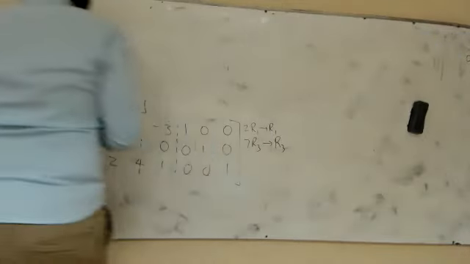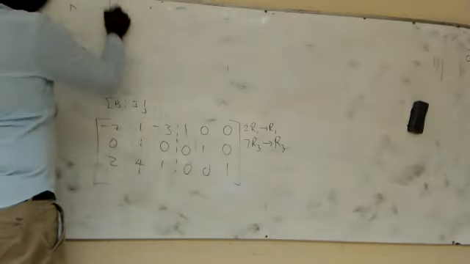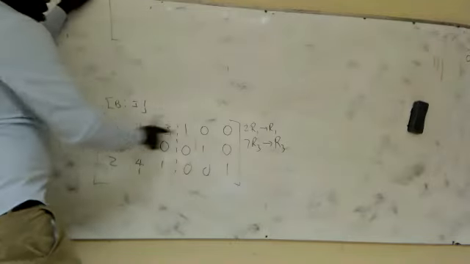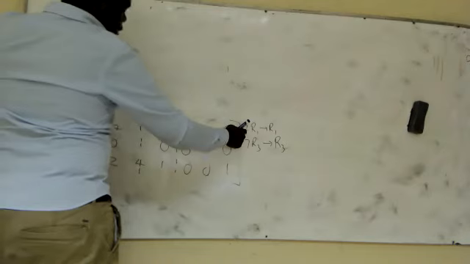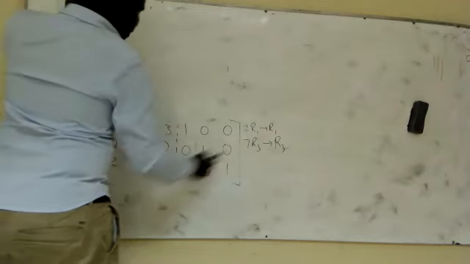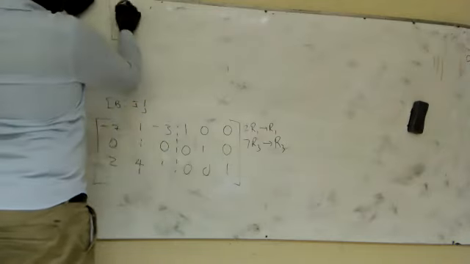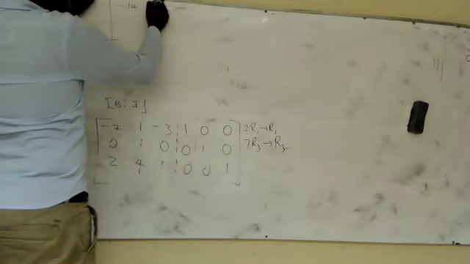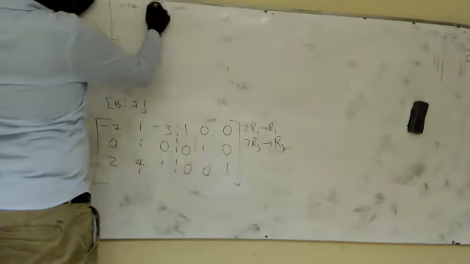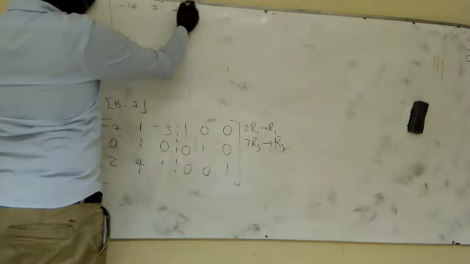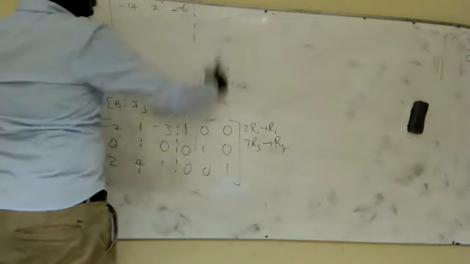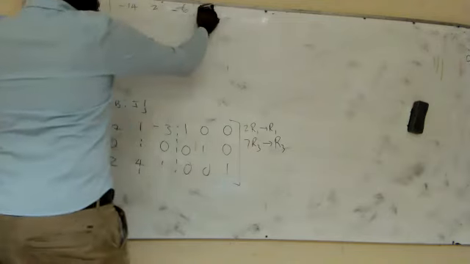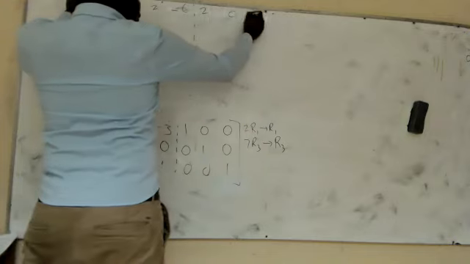Okay. So now let's do that and see what we obtained. On this one, we multiply by 2, and then on the other one, we multiply by 7. So on the first one, we're going to have -14, and then 2, -6, and then here we're going to have 2, and then 0, 0.